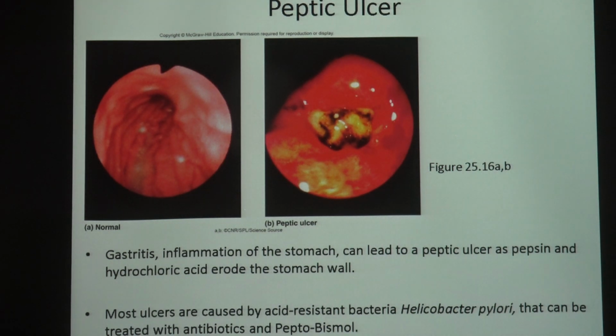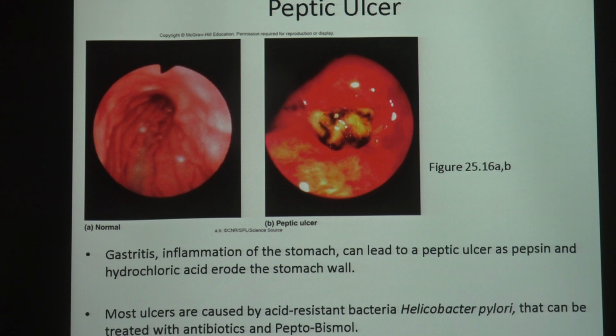We talked about ulcerations, and we talked about Helicobacter pylori, and the clinical condition that can occur because of a microorganism that gets trapped in the gastric pits.